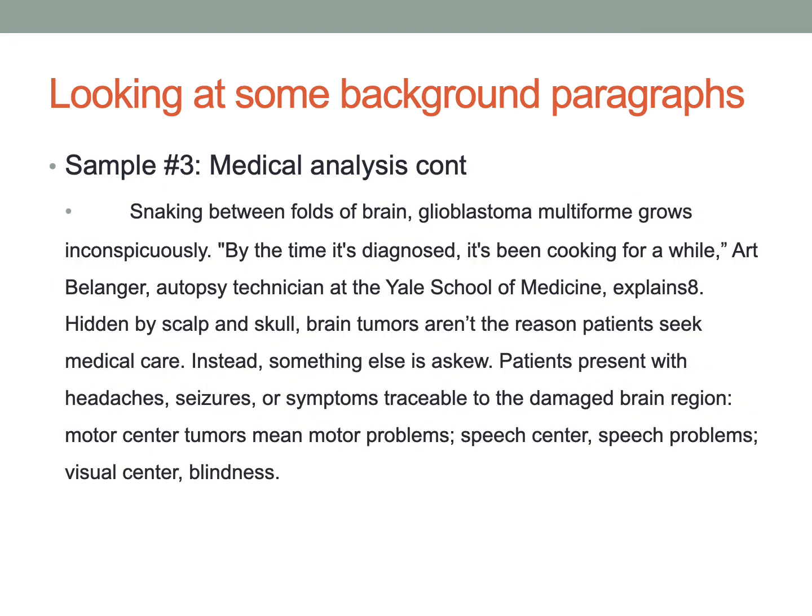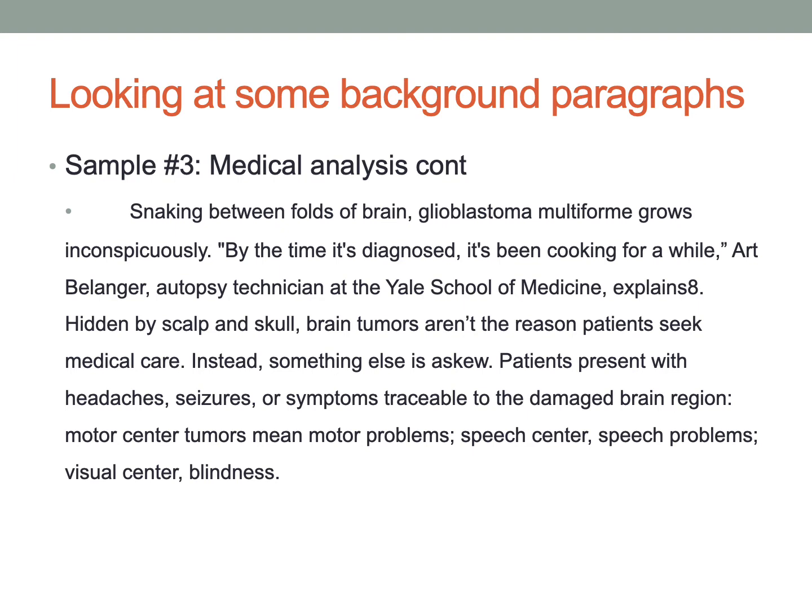Again, in a third paragraph in this section, snaking between folds of brain, glioblastoma multiforme grows inconspicuously. By the time it's diagnosed, it's been cooking for a while. Art Ballinger, autopsy technician of the Yale School of Medicine, explains, hidden by scalp and skull, brain tumors aren't the reason patients seek medical care. Instead, something else is askew. Patients present with headaches, seizures, or symptoms traceable to the damaged brain region.